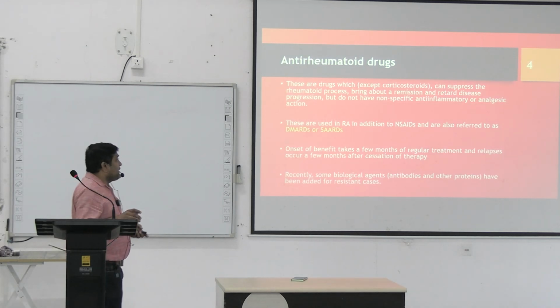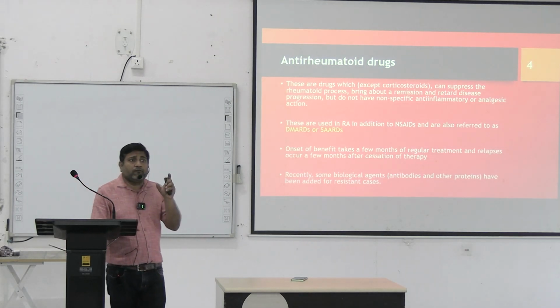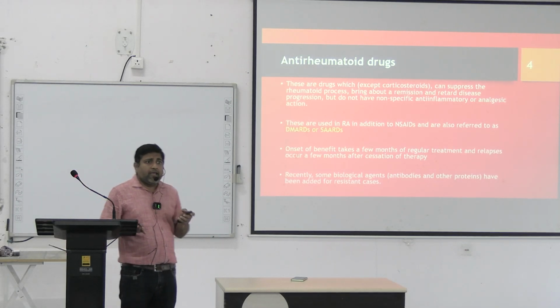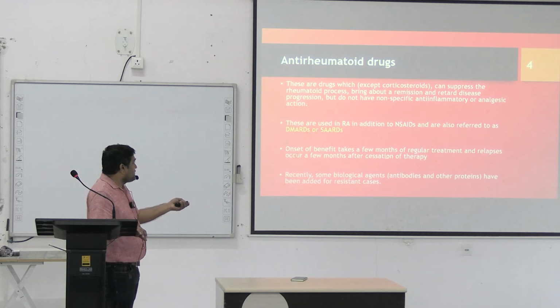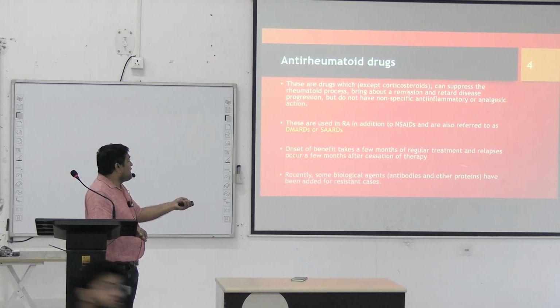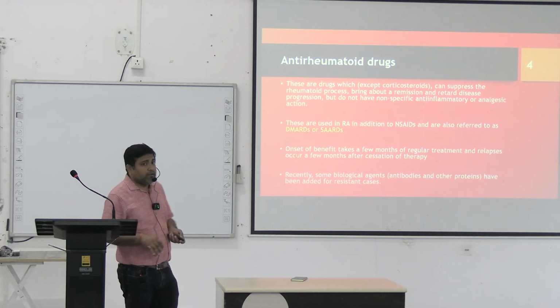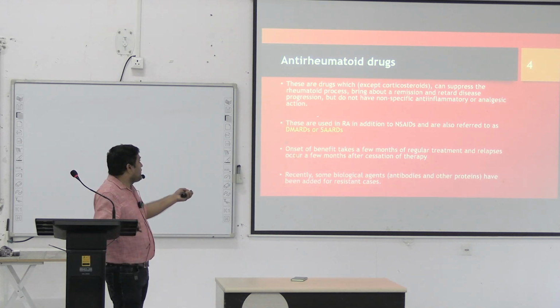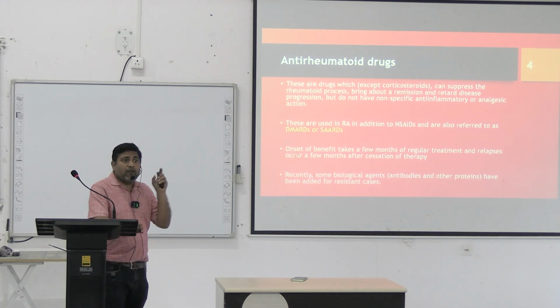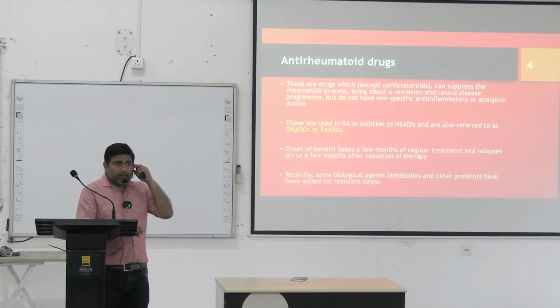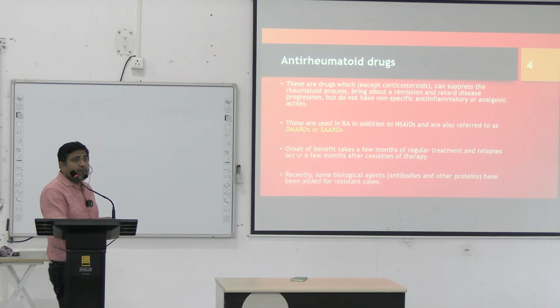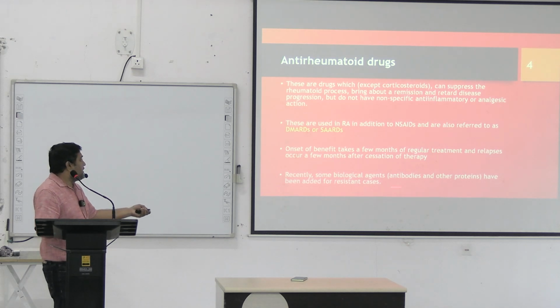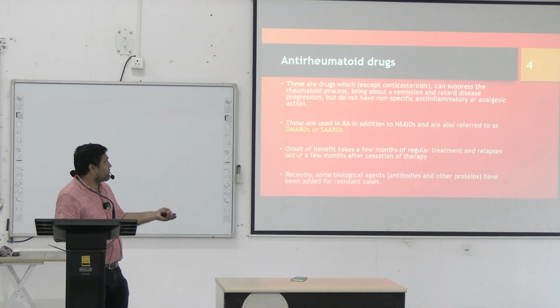Now they act over a few months of onset of treatment, and after the drug is stopped, the disease may relapse after a few months. Now along with DMARD, basically anti-rheumatic drugs, some biological agents have been developed recently, like TNF-alpha receptor antagonist. They have been added for resistant cases.